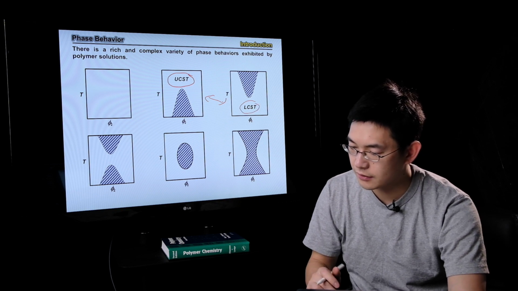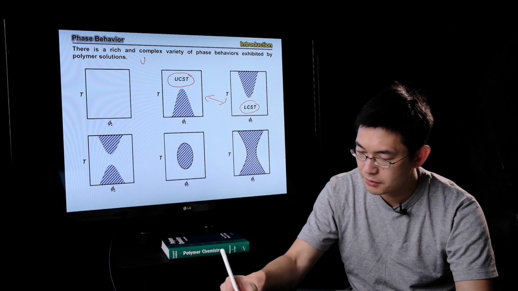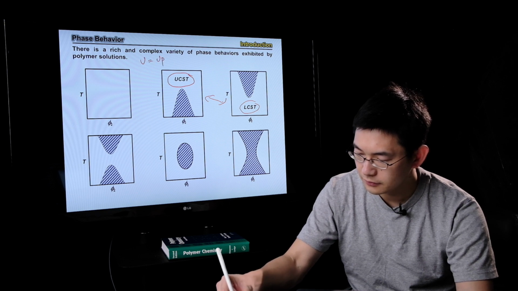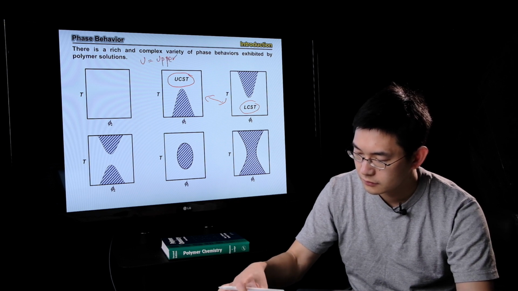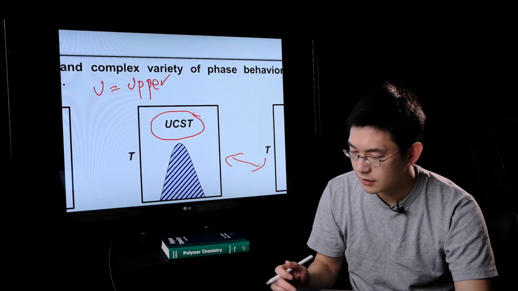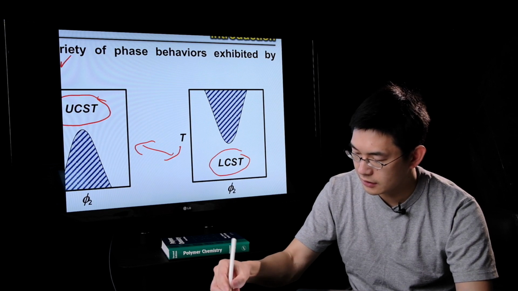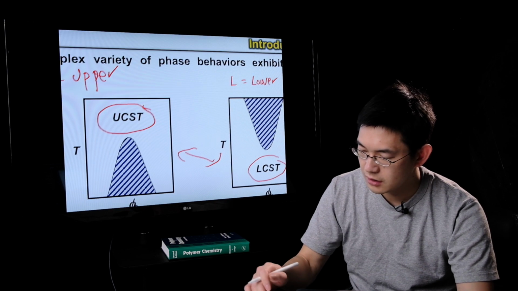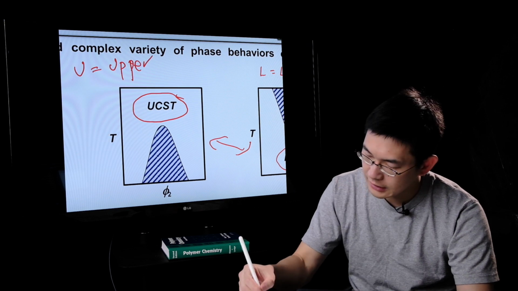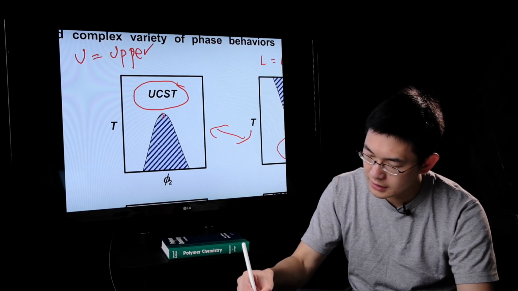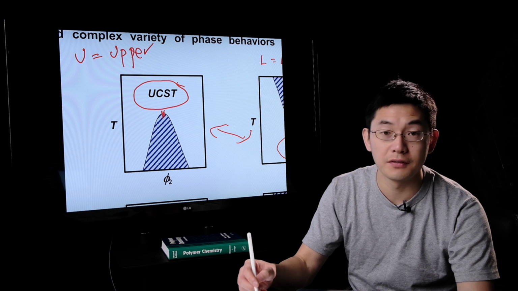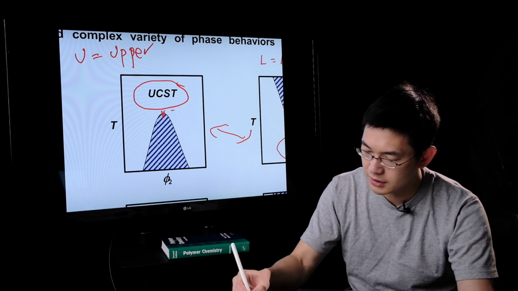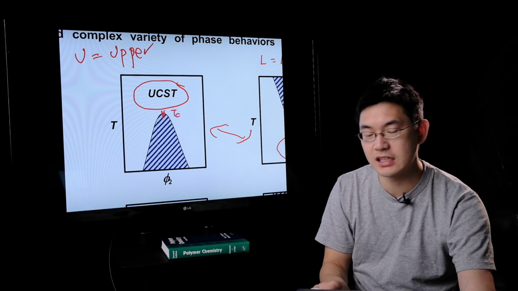UCST: U stands for upper, and in LCST, L stands for lower. So upper and lower relate to here. The critical point is at the top of the phase diagram, right? We talked about this. We define the critical temperature as TC.